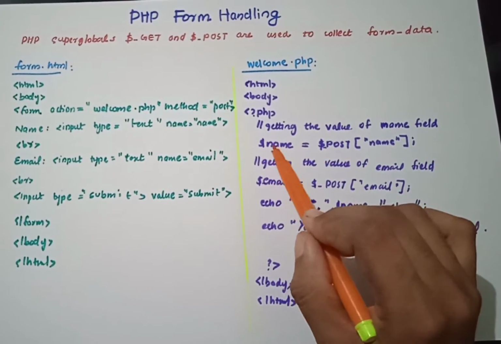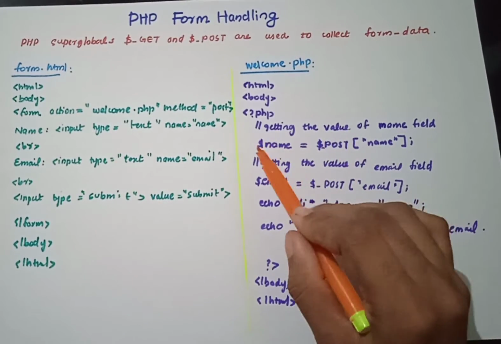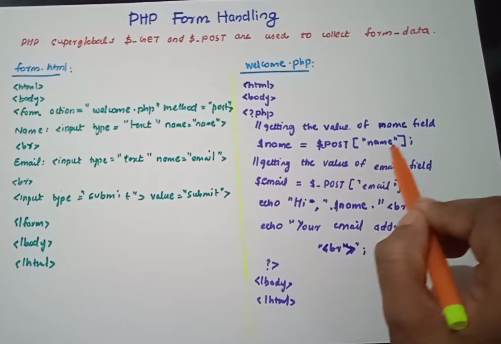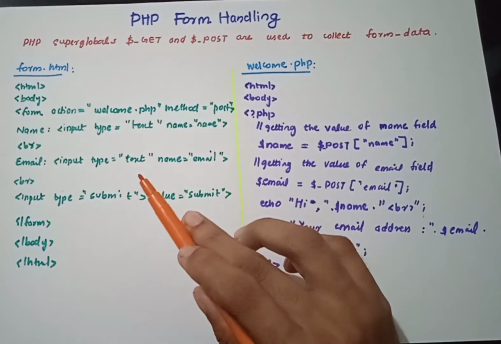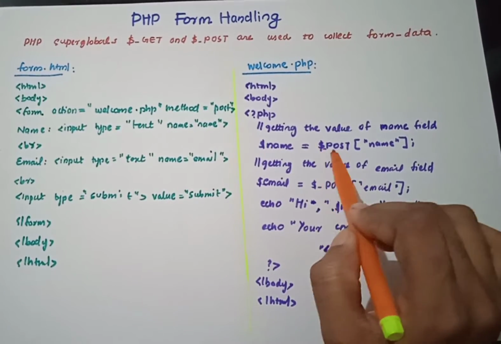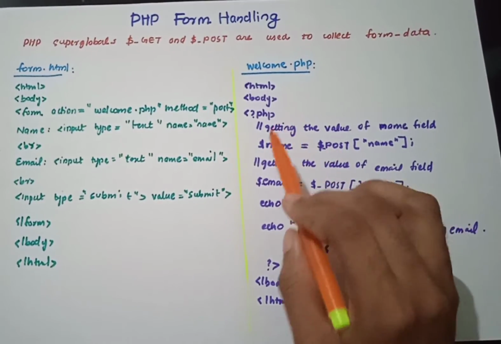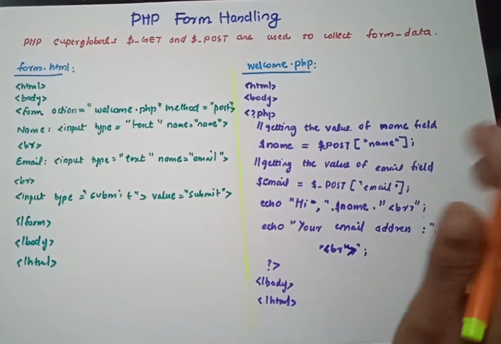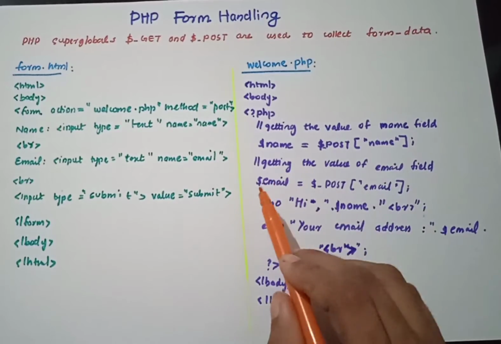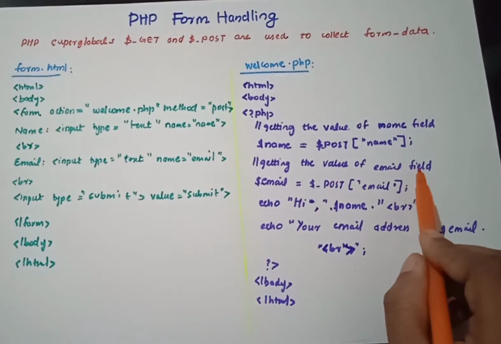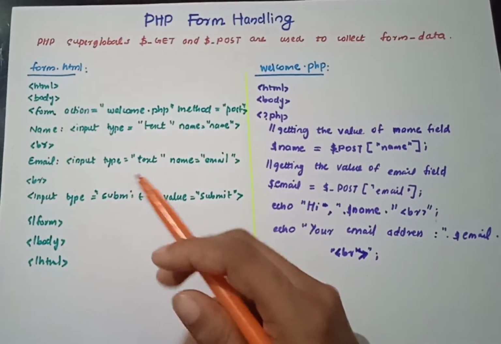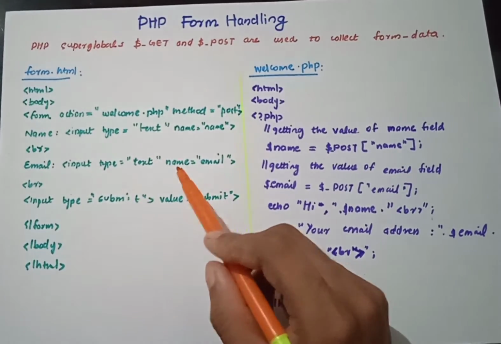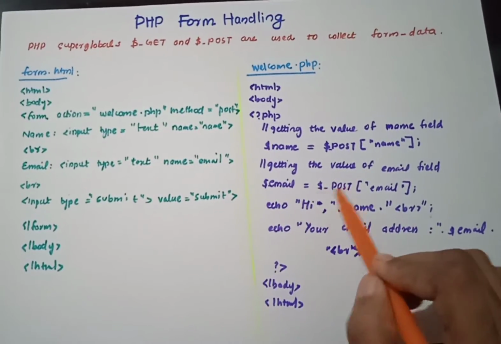So we took our first variable with the value from the other file through the POST method. That's all about the first thing. Now we'll get the output. The next one is getting the value of the email field. Since you also entered the email value, you want to output that too.